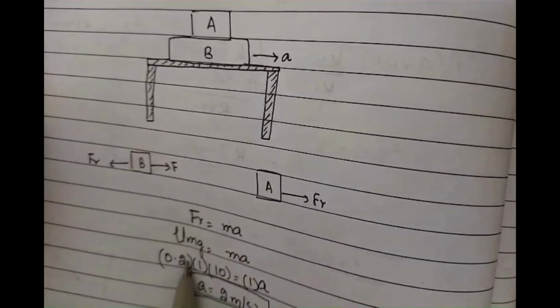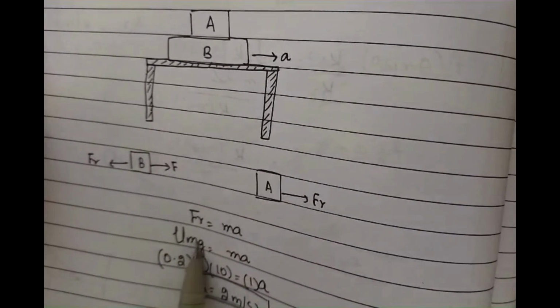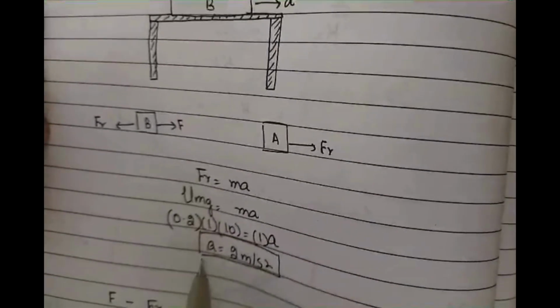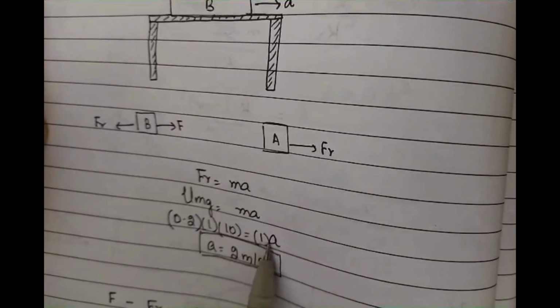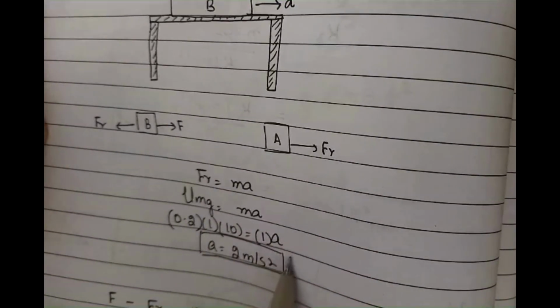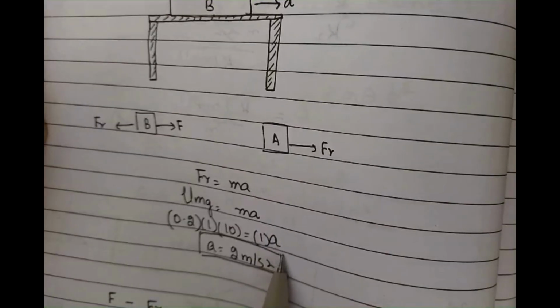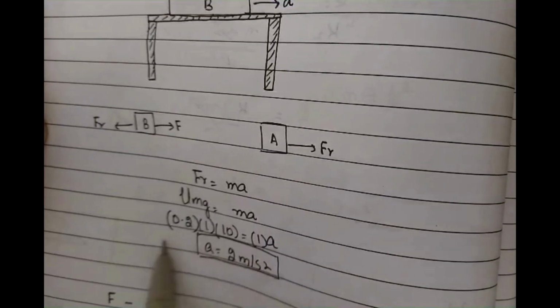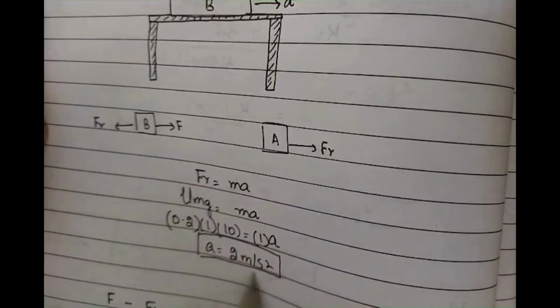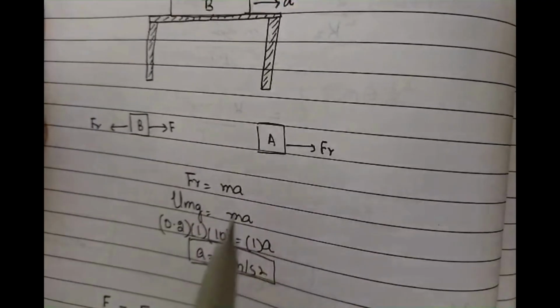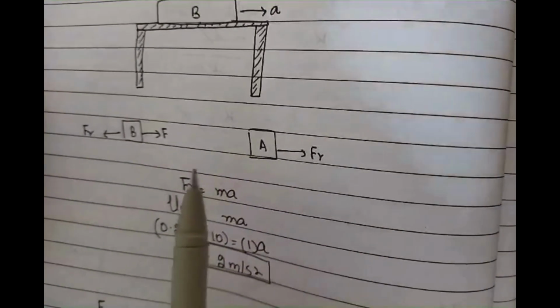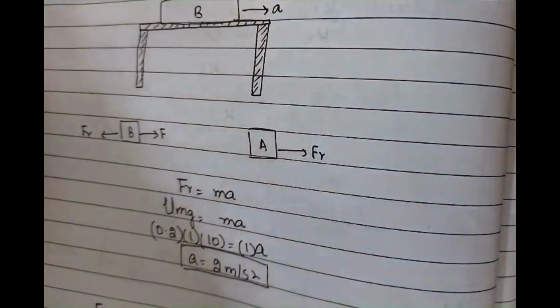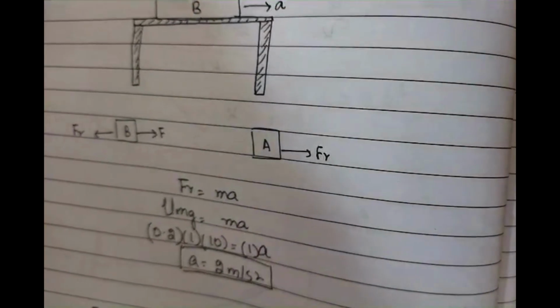So mu is 0.2, mass is 1 kg, g is 10, and mass again is 1 kg, and the acceleration is something that we have to find out. So the acceleration that we get from this entire setup is 2 meter per second square. That means block A is moving with an acceleration of 2 meter per second square, and block B also has to move with the same acceleration, that is 2 meter per second square.